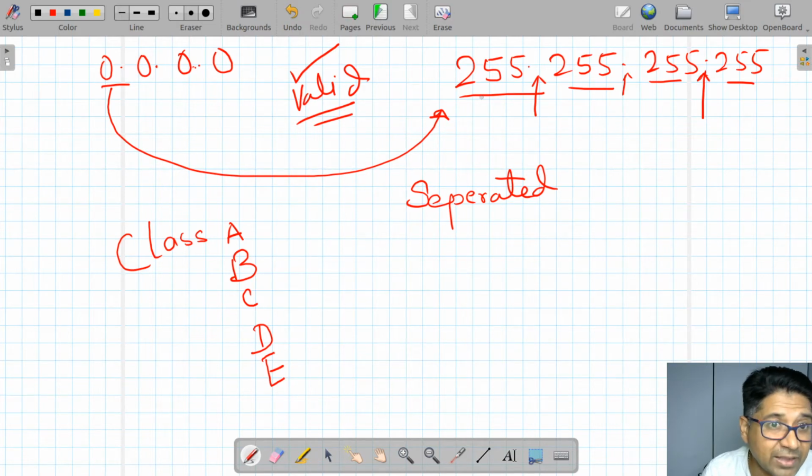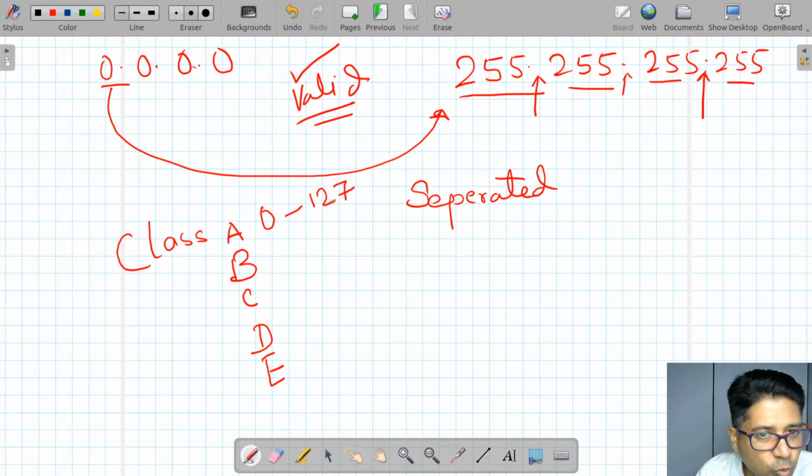So what is the range of each class? They define the range from 0 to 127 as class A. Any IP starting from 0 to 127 belongs to class A. Then the IP starting from 128 to 191 is class B. I'm talking about the first octet only; whatever the value of the remaining octets, it does not matter.